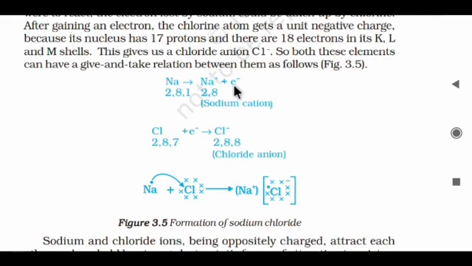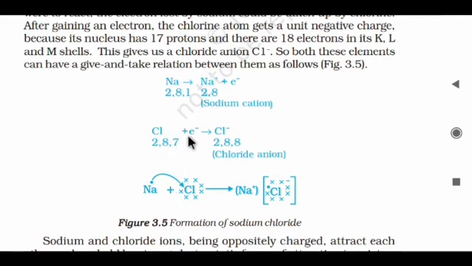So this electron will attach here and the final structure of chlorine will be 2, 8, 8. In this case, sodium with 2 and 8 is satisfied and chlorine with 2, 8, 8 is also satisfied. But because sodium loses one electron, it is the sodium cation. Cation means plus, and because chlorine accepts one electron, it is an anion, meaning minus.